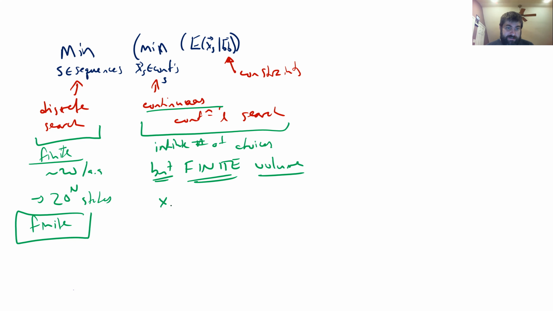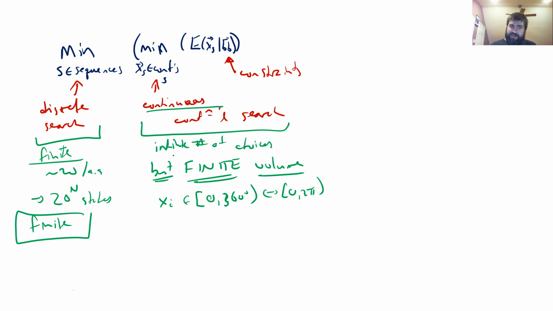So each dihedral angle is limited to be on the domain of 0 to 360 degrees, or 0 to 2 pi if you prefer working in radians. Right? And what this means is that, yes, there's an infinite number of choices within this set, but the size of that domain is fixed, right?